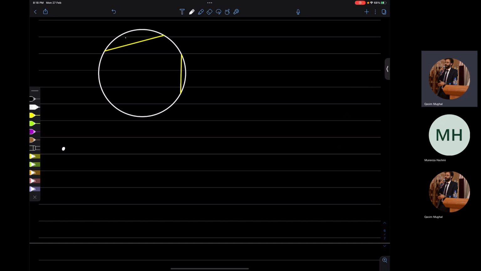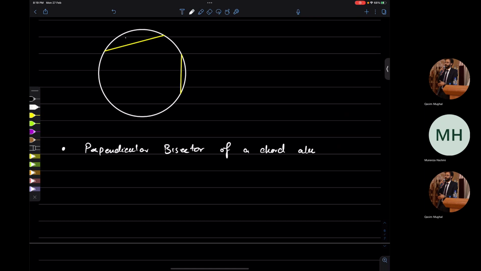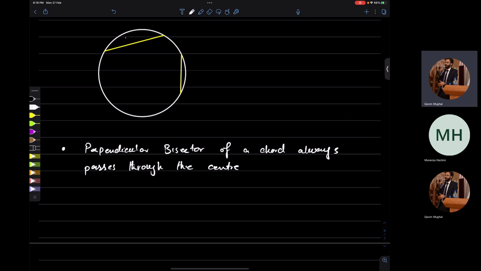Got it? Now, the important concept which I want to tell you is that the perpendicular bisector of a chord always passes through the center of a circle.